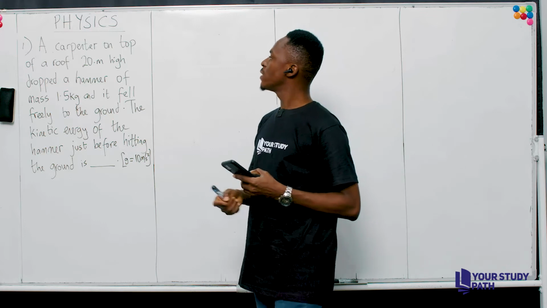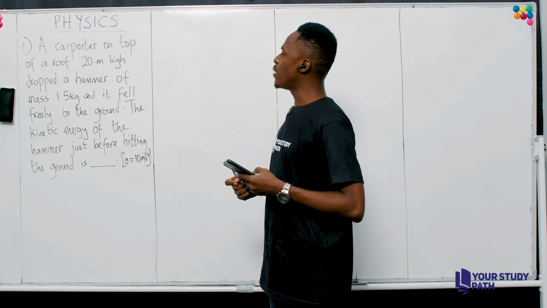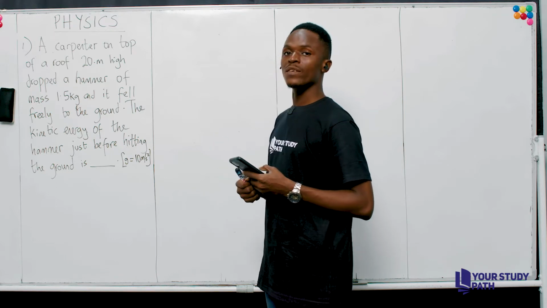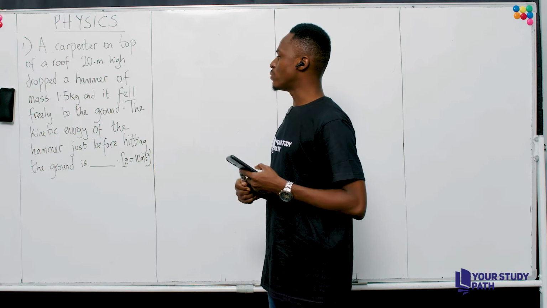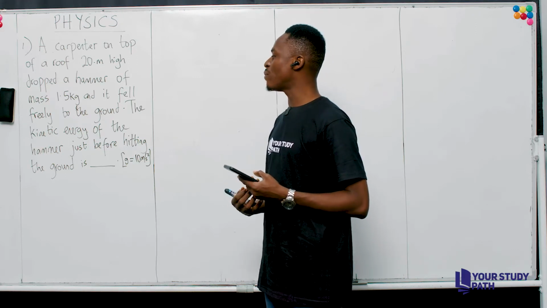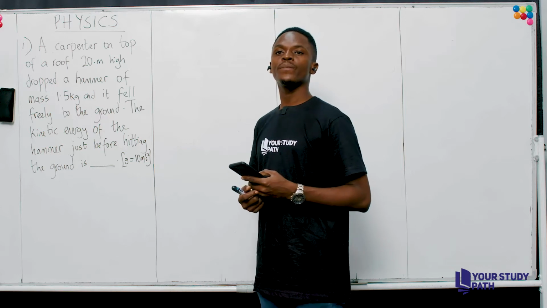A carpenter on top of a roof 20 meters high dropped a hammer of mass 1.5 kg and it fell freely to the ground. The kinetic energy of the hammer just before hitting the ground is going to be what?